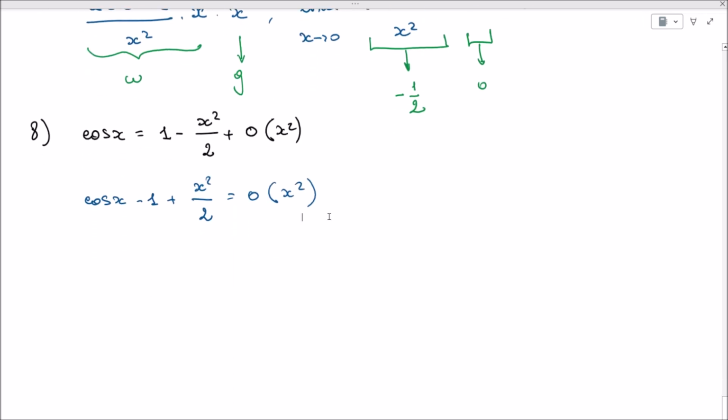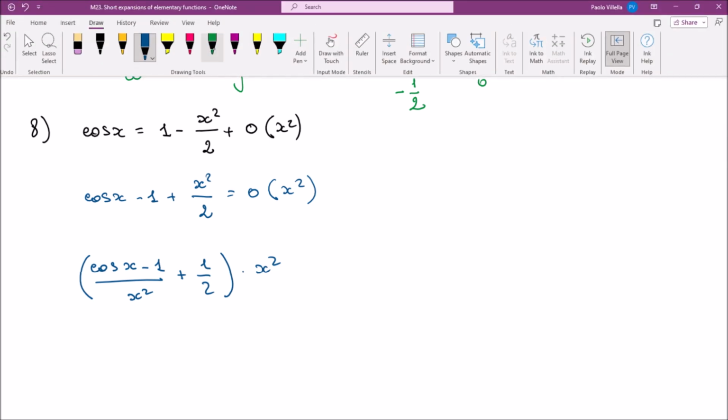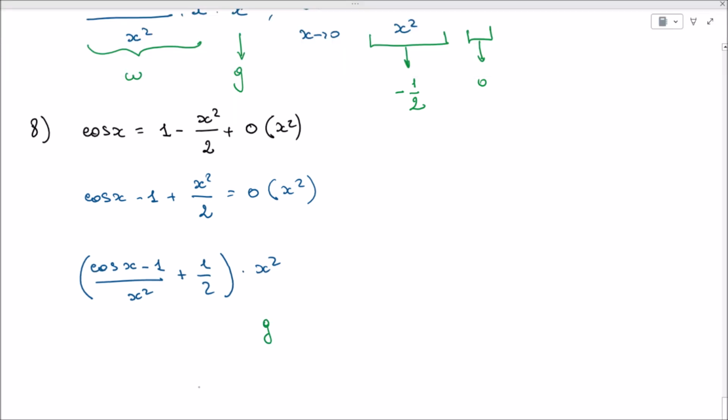Okay, so now we can rewrite this by, as always, dividing and multiplying by x squared. So we have cosine of x minus 1 divided by x squared plus 1/2, all this multiplied by x squared. And we recognize that this is g and this is omega.